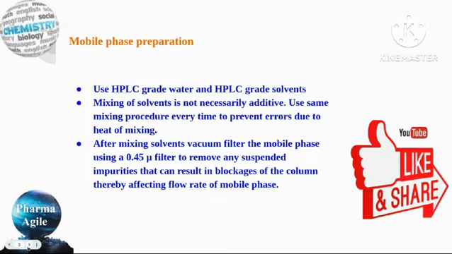If we don't filter the mobile phase, the impurities result in blockage of the column, thereby affecting the flow rate. If we filter the mobile phase, the blockages are removed and the flow rate is maintained. So filtration is very important.